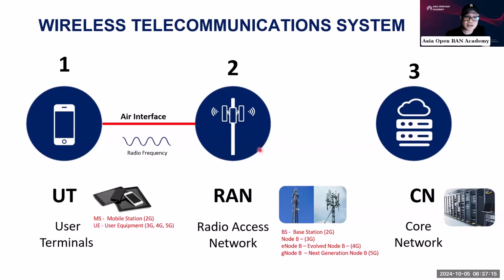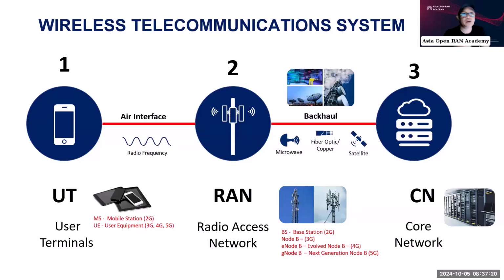Okay, so we connect the radio access network to the core network by the following means. We can connect it wirelessly using microwave transmissions. We can use fiber optic or copper for old networks, but most of the time we are connecting now with fiber optic.